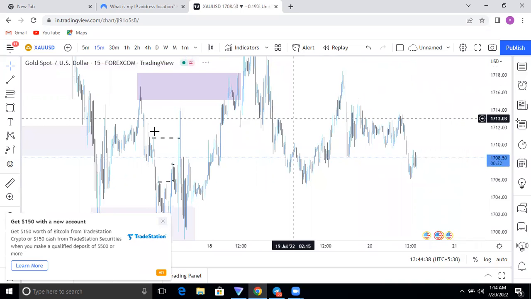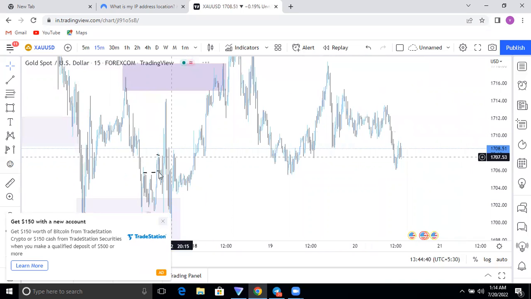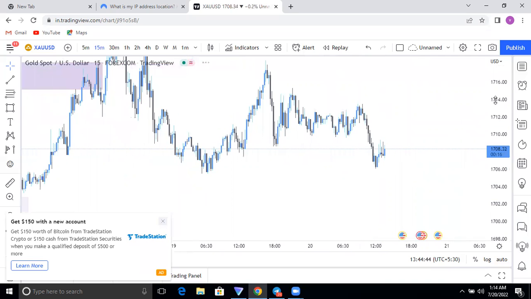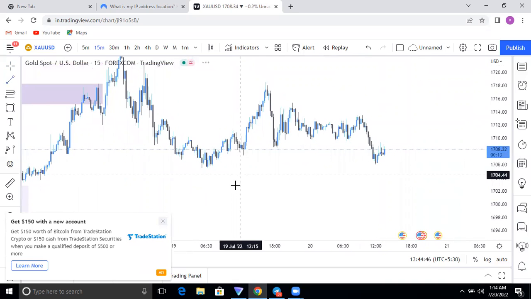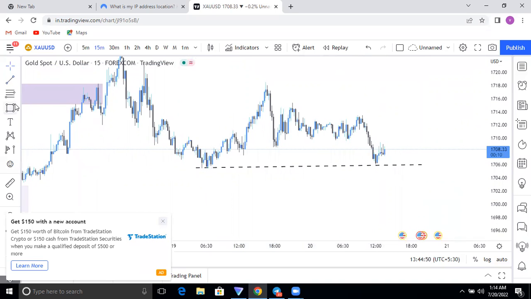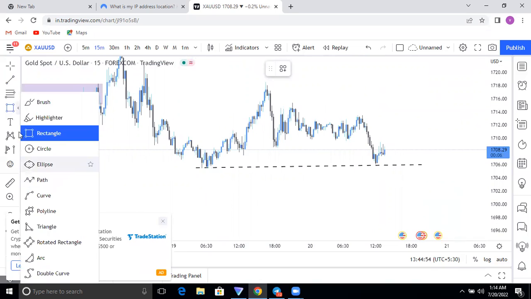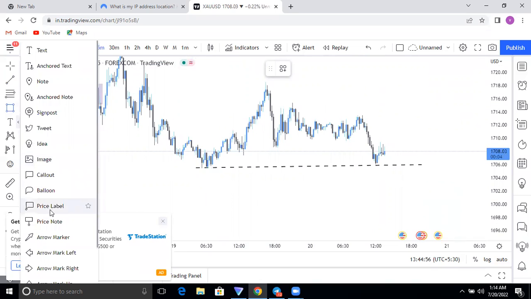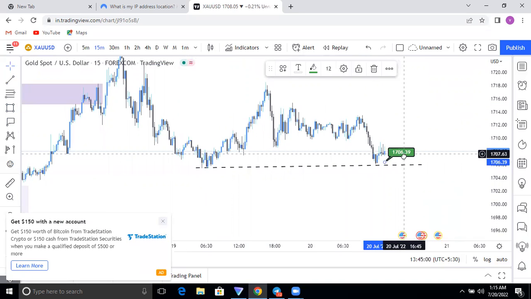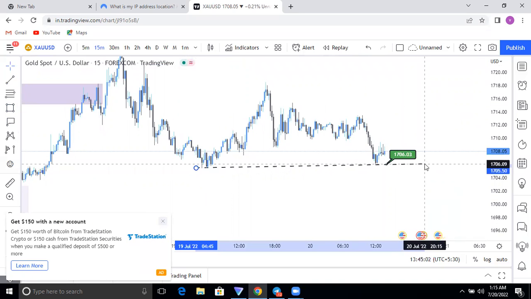Okay, so what I can notice here is that the price formed a structure around this area, around 1705. All right, that's 1706.03.